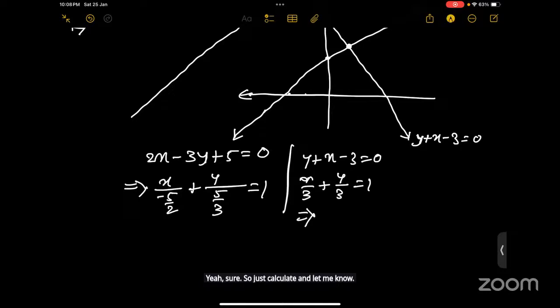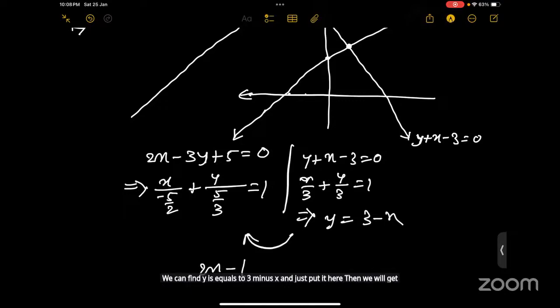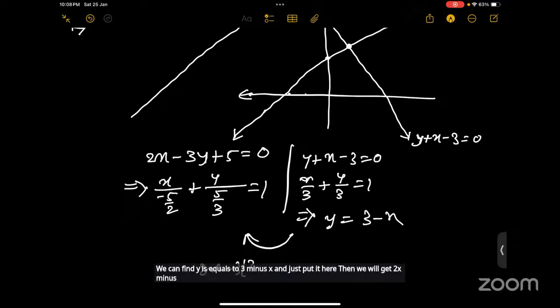From here, we can find y equals 3 minus x and put it here. Then we will get 2x minus 3 into 3 minus x.